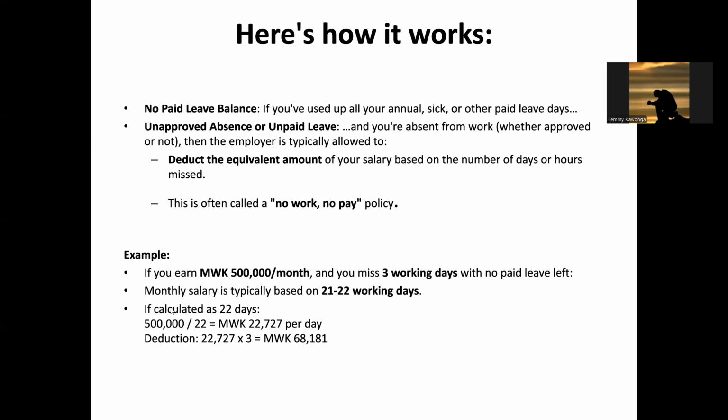So if calculated as 22 days, you have to work out how much the employee earns in a day. So it will be 500,000 divided by 22 to find the daily pay. The deduction will be this daily pay times the number of days the employee was absent. All right. So this is how it works.